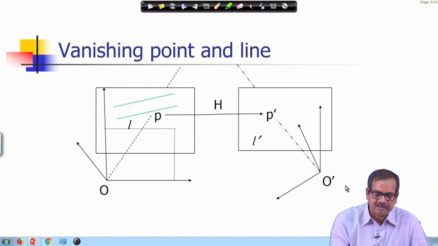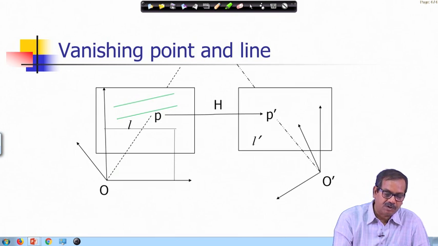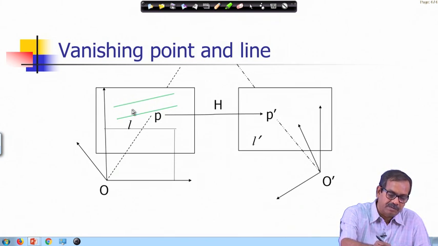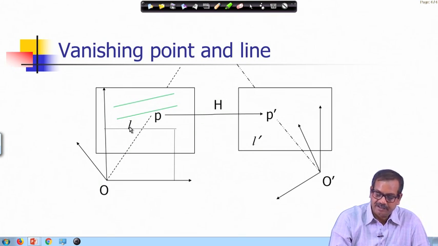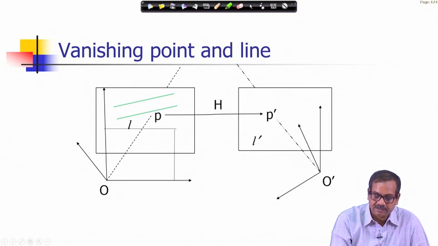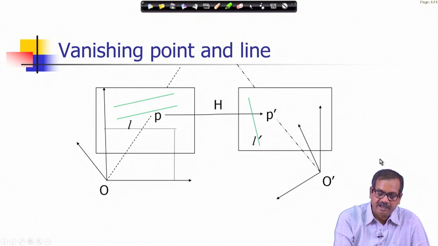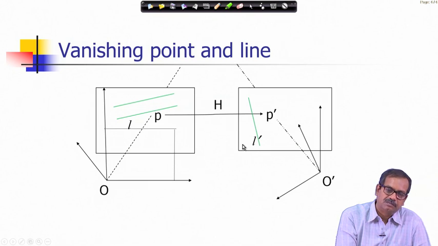Let us discuss again how vanishing points are related in the transformed space. In this case we have drawn a pair of parallel lines, and one of them is denoted by L. Consider that L is transformed in the transformed space to a line L prime, and we know how L and L prime are related.